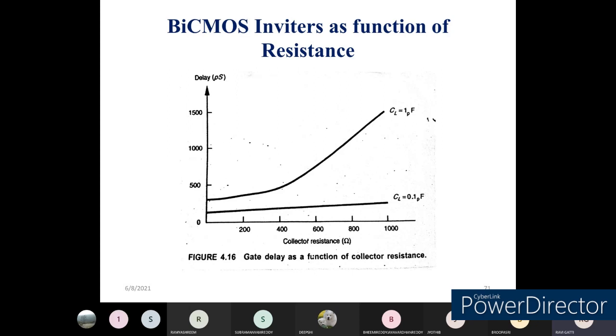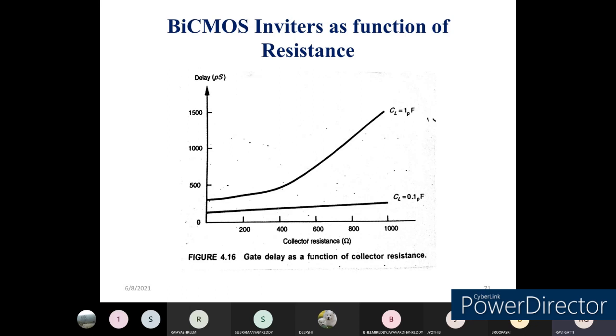Therefore, when you use these BiCMOS inverters, make sure they are used for the low power range and for lower capacity loads. Even though these BiCMOS inverters will work for a higher capacity load, it will be with an increased delay.